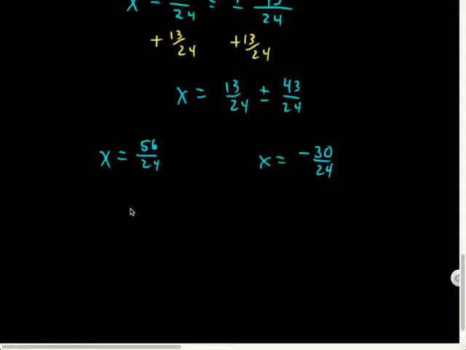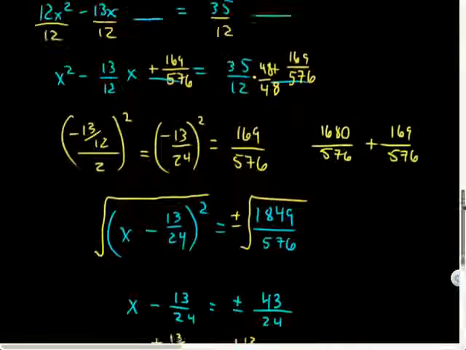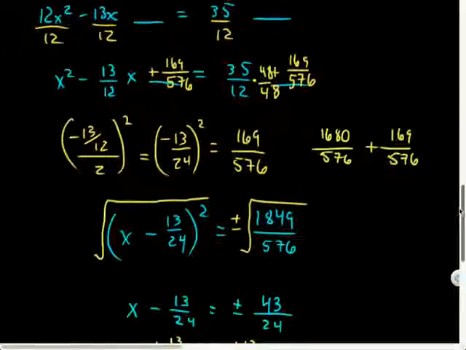And now I can reduce those fractions. 8 goes into both of those, so that's 7/3. And 6 goes into both of those, so that's negative 5/4. And those are the answers, friends. Two problems took up my whole day. Yeah, these problems can be pretty beast, no doubt about it.